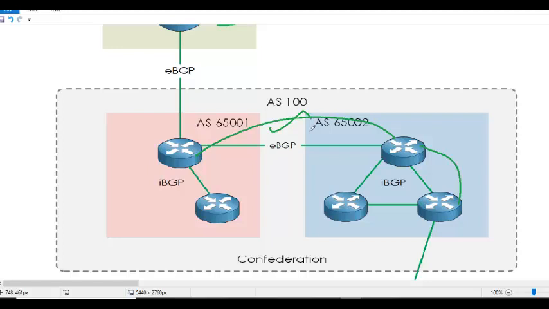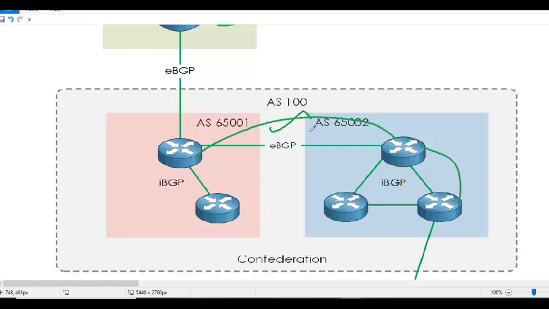Hope I made it clear and you understood. Let me put it again. If it is a single autonomous system, all will be IBGP. And when there is IBGP, there is a rule: a route learned from one IBGP should not be given to another IBGP. But when you break it into small autonomous systems, between the small autonomous systems they get an EBGP experience.